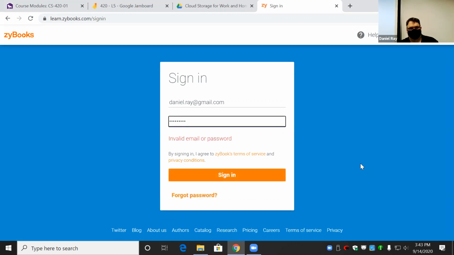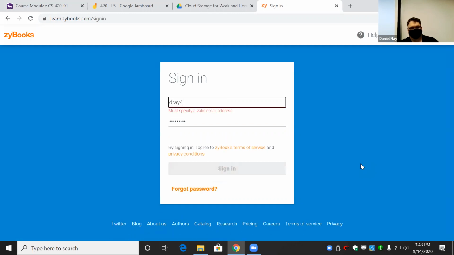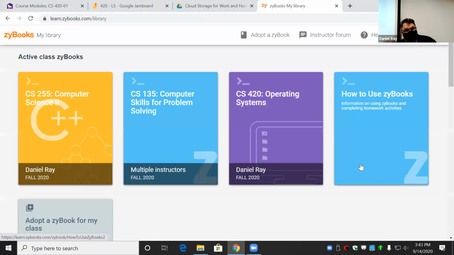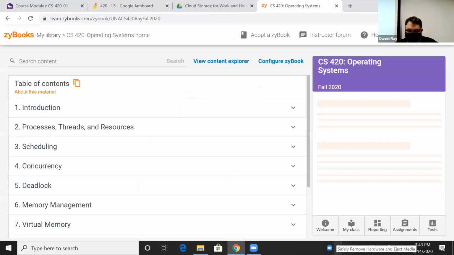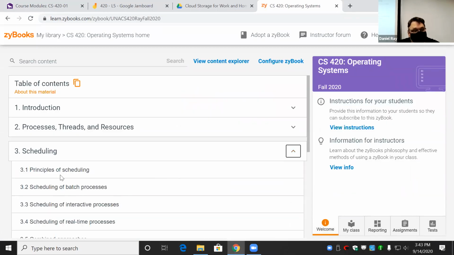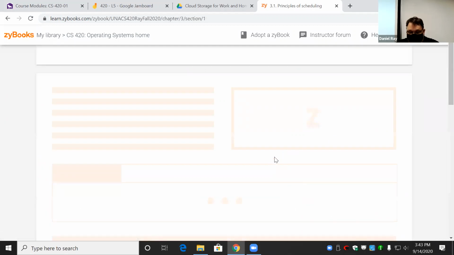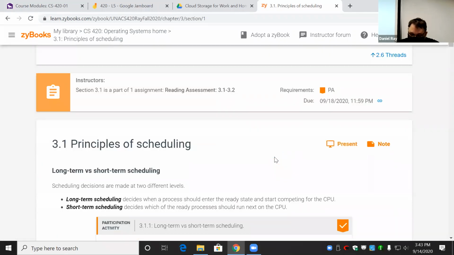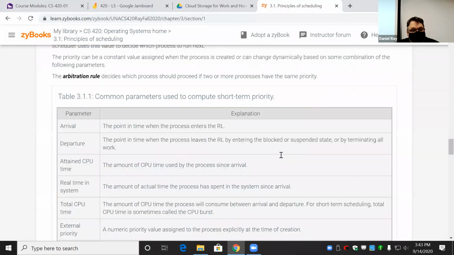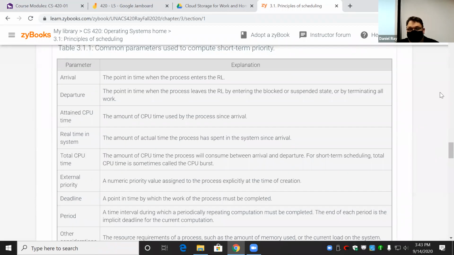If you look at table 3.1.1 from the scheduling section, you'll see a lot of different parameters that can be combined to make a decision about how you're going to come to a value for priority.